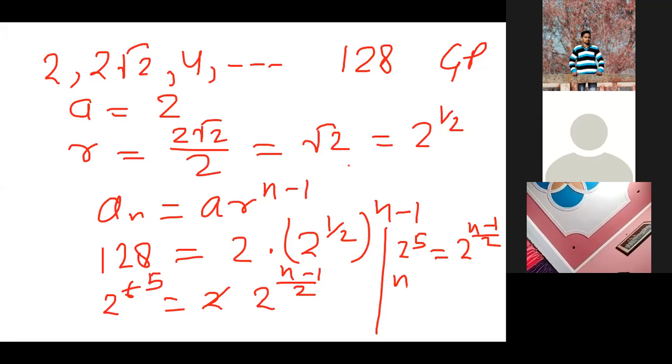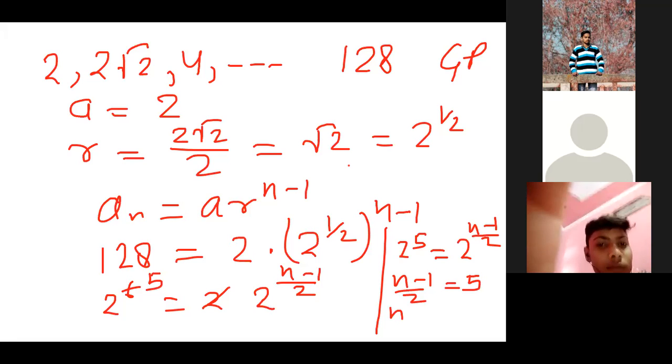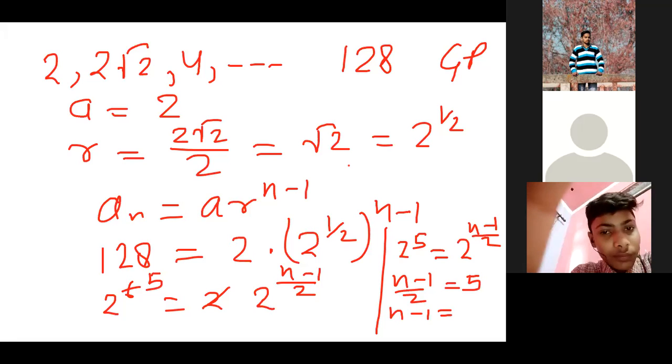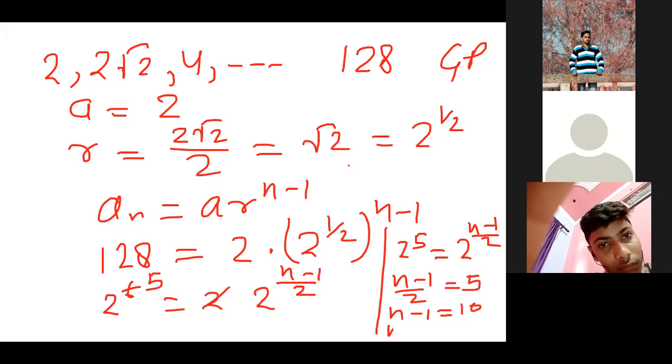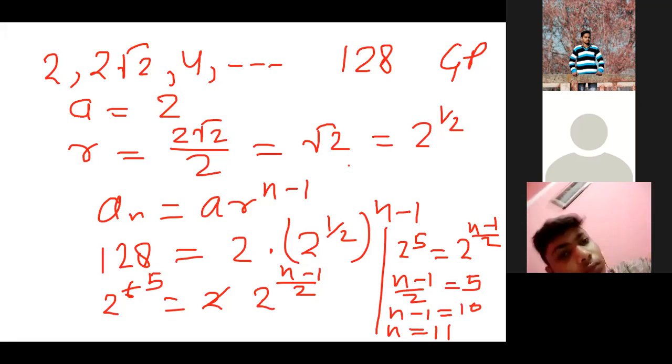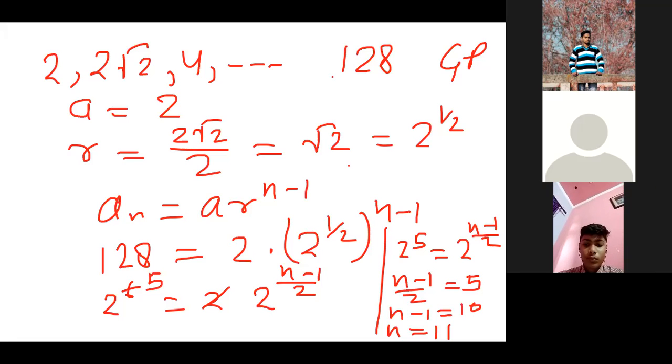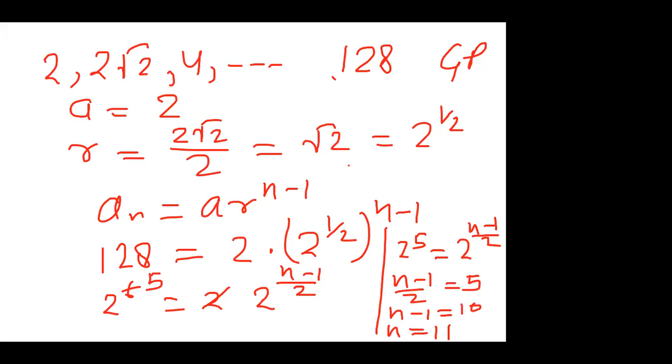So (n minus 1) by 2 will be equal to 6. n minus 1 will be equal to 12, or n will be equal to 13. So the 13th term of this geometric progression will be 128.